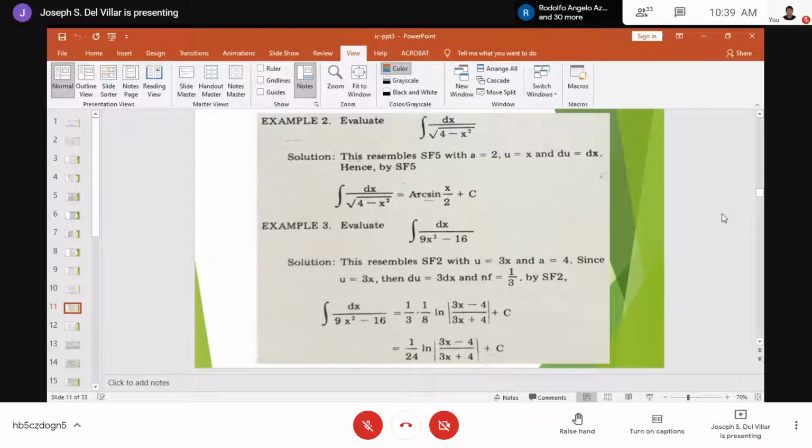So you take the differential of both sides. The differential of u is du, and the differential of 3x is 3dx.